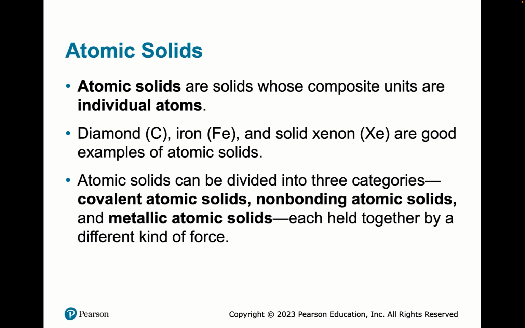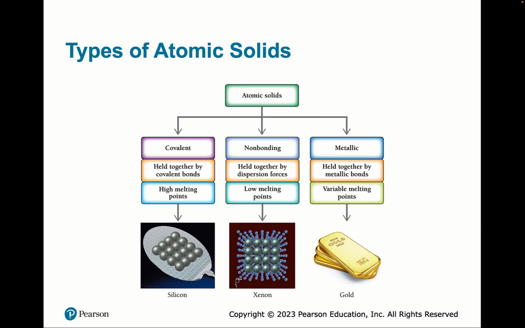So diamond is an example of a covalent atomic solid, and these have a very high melting point. Non-bonding atomic solids like the noble gases, you can even argue that there is no solid state for helium. And then there's metallic atomic solids. So non-bonding atomic solids have very low melting points. And metallic ones, they have variable. So the atomic solids here, we have covalent like diamond and silicon.